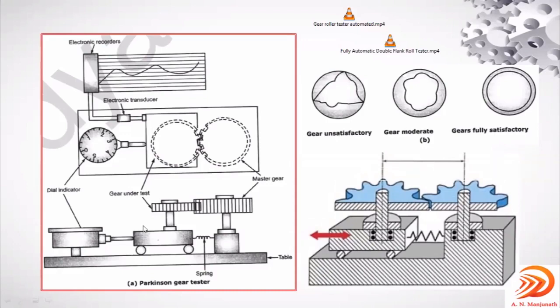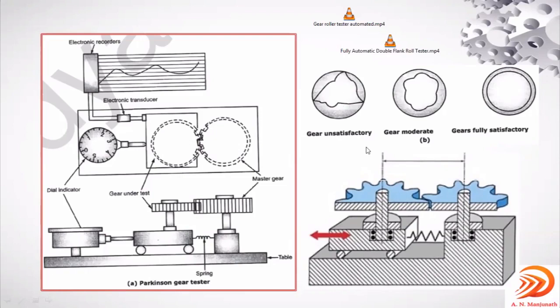Any variations noted during this meshing will be indicated on the dial indicator, right? You can observe the conditions here. If it has this type of plot, the gear is fully satisfactory. This is moderate, this is unsatisfactory.